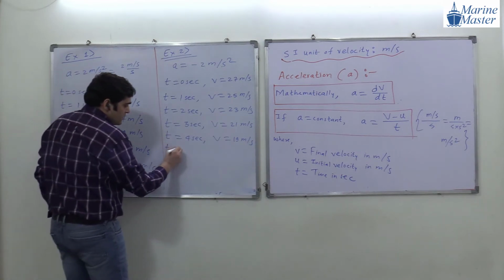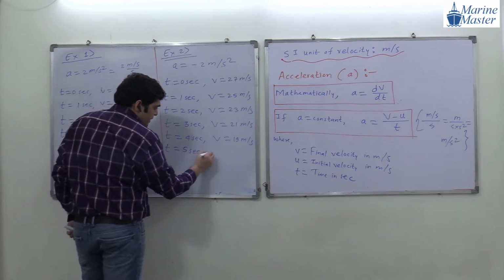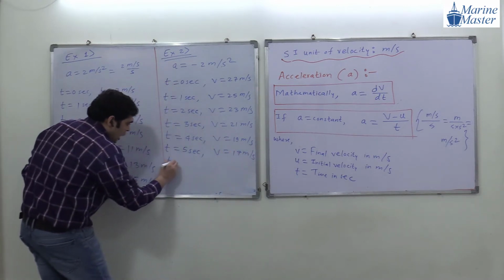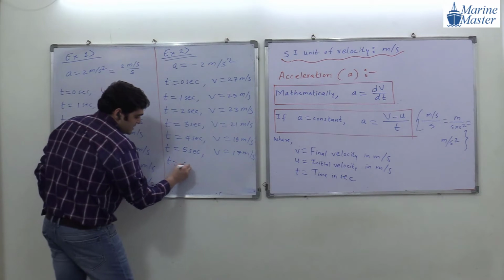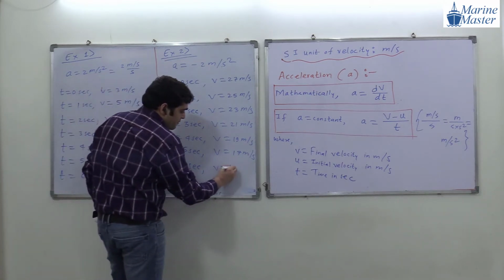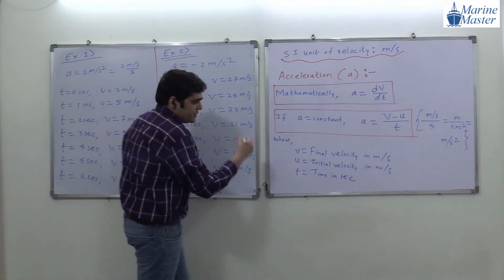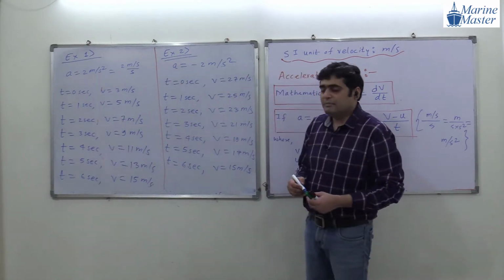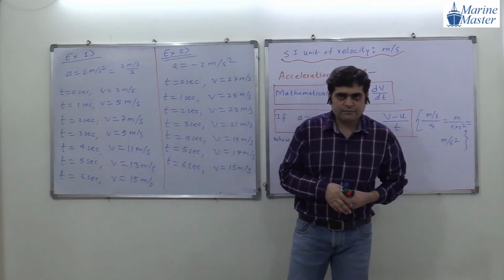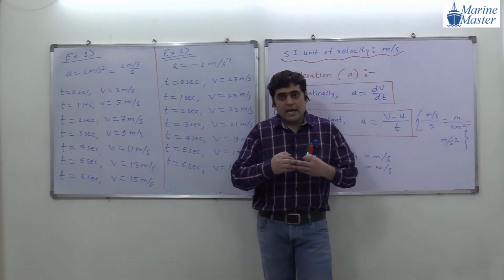If time is 5 seconds, the velocity is 17 meter per second. If time is 6 seconds, the velocity will be 15. Guys, are you getting my point? Try to see the scenario here. You got the meaning of acceleration. Acceleration will tell us how much the velocity changes in every second.